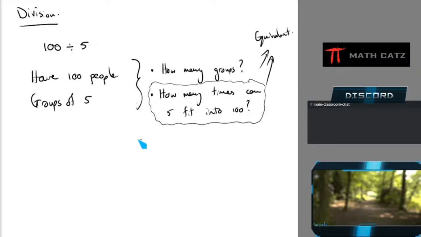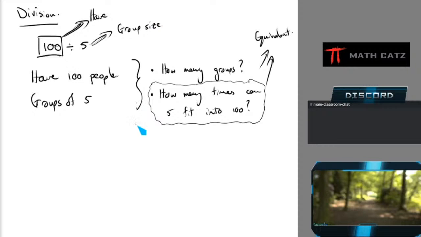So now, what does this mean? This means the first number in my division is what I start with. That's what I have. Remember, in multiplication, the second number was the quantity that I have to start with and that I applied some instructions on. Now the first one is what I have. And then the second number is my group size, if you will.